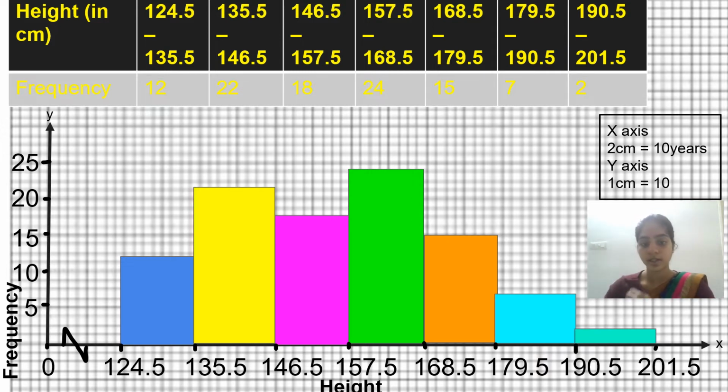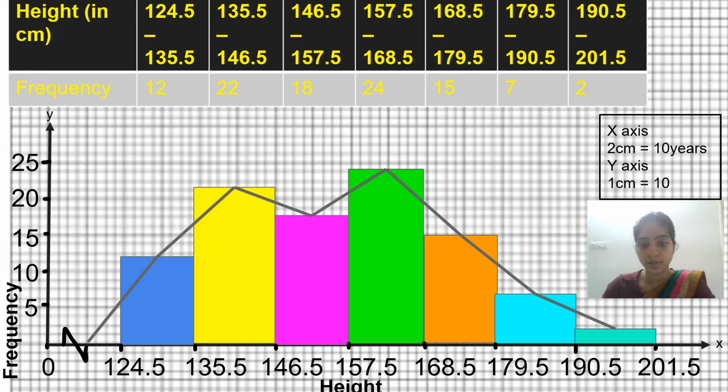Now once the histogram is done, we must join the centers of all of these histogram bars and find the frequency polygon. So we start from the kink to the center or the midpoint of the first bar, and then midpoints are joined together for the first bar and the second bar. We keep joining the midpoints.